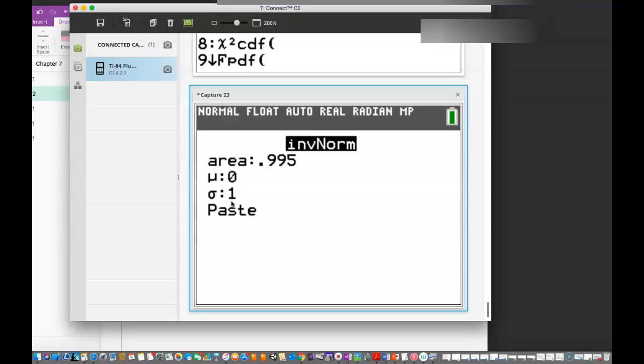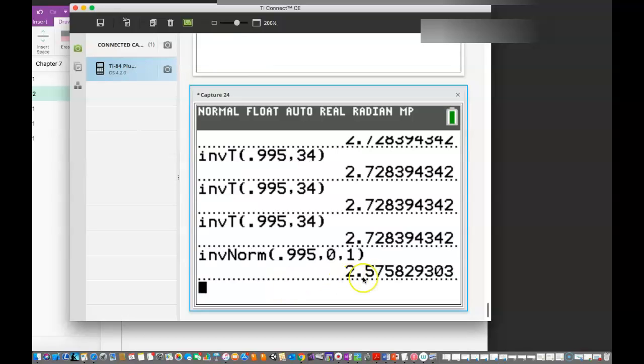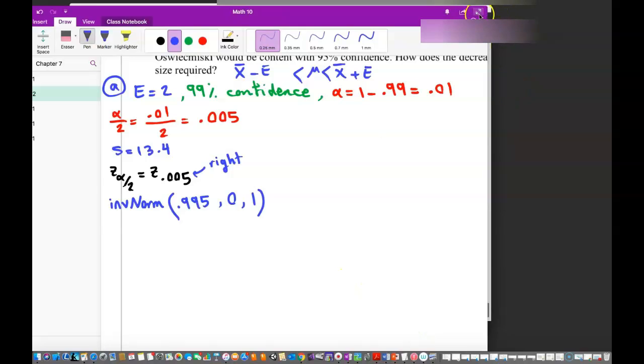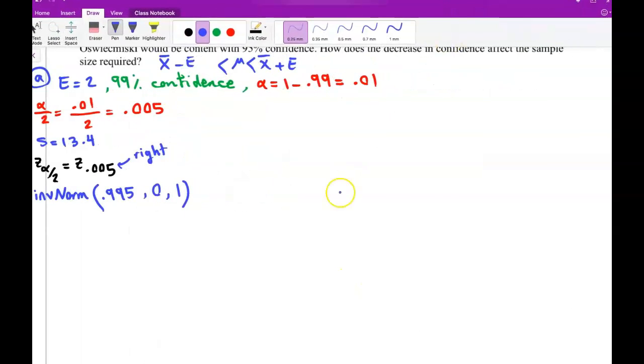The answer is 2.575, or rounding it, 2.576. Okay, so the z is equal to 2.576.